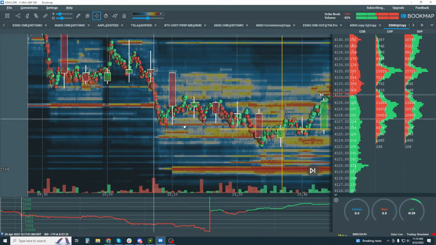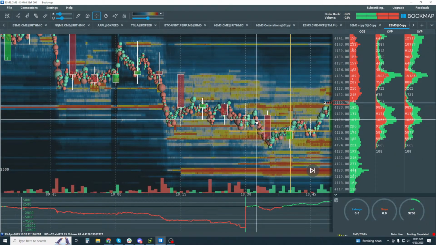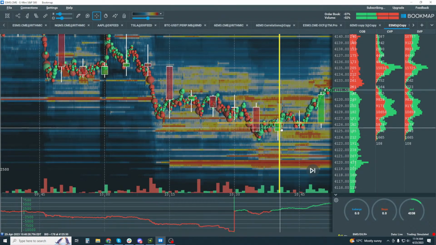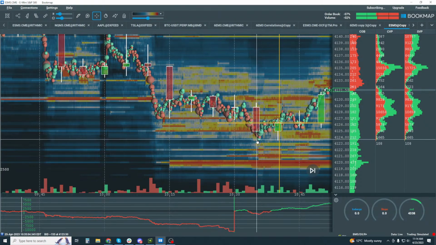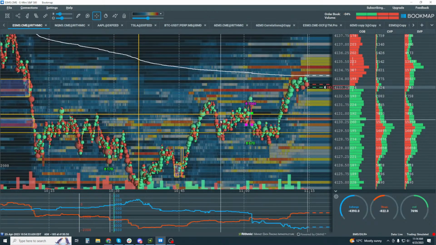All right, so anyway, and then we started to note, and it became more interesting, and we started to mark it up. In fact, I didn't mark up the vertical line here. I believe it was here in Bookmap. Let's see, this is at what time? This is at 10:35. So let's jump back to this one.